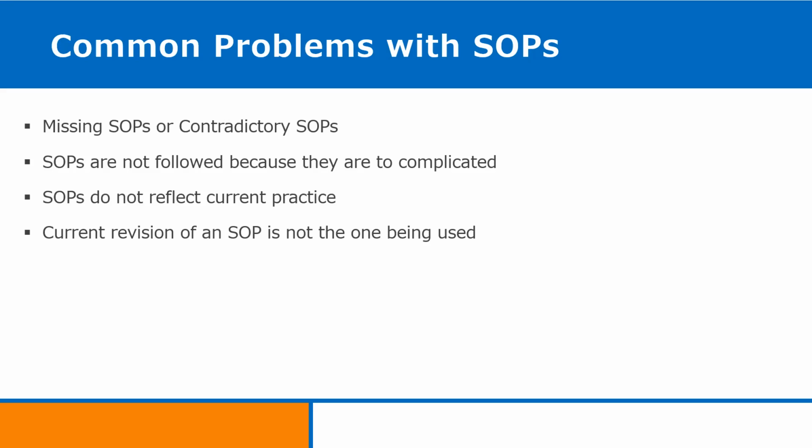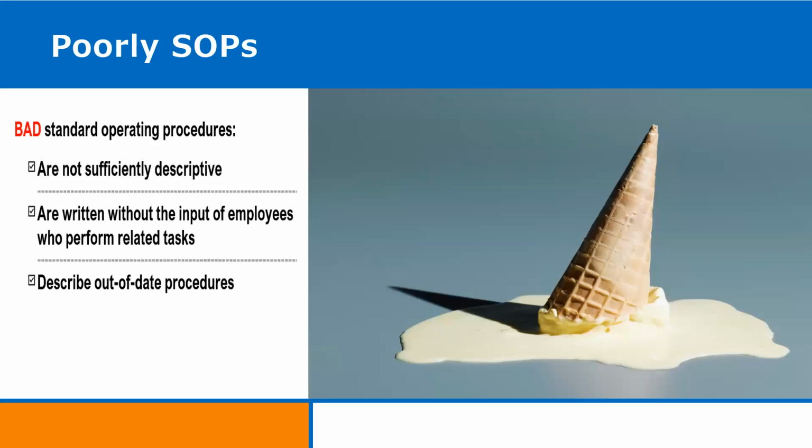And the last one is that it's not being used or has not been revised, so the SOP is useless at that point. Other problems are SOPs that are not sufficiently descriptive, are written without input from employees or lab staff, and are not updated. Those are the most common problems we have.